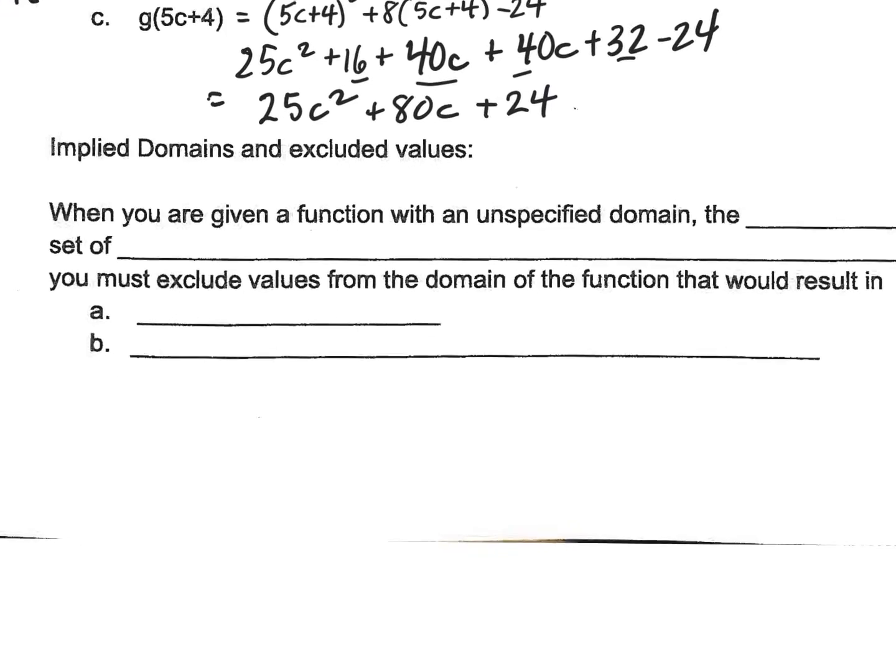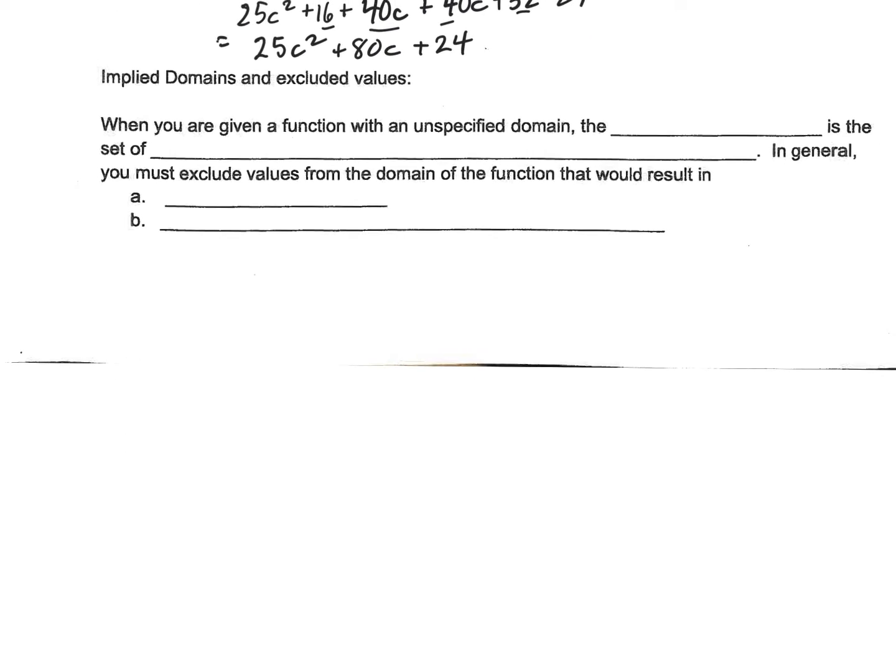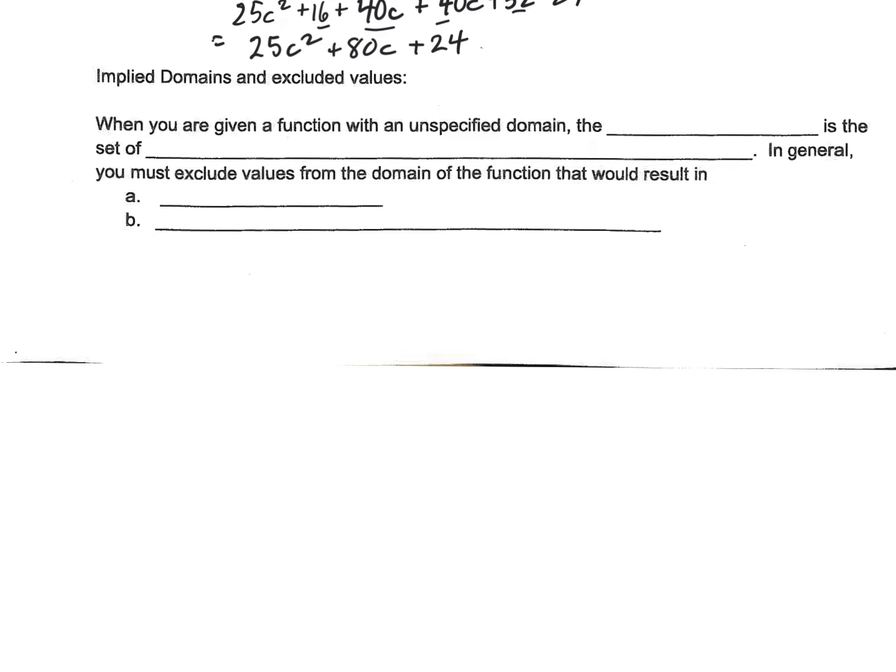All right. Now, I will teach you little tricks and tips to make math faster for you as I can. Implied domains and excluded values. Guys, implied domains means that for every function that we see, we automatically assume that the domain is all real numbers, unless it either tells us through an inequality or the function itself implies that there's something we can't do.